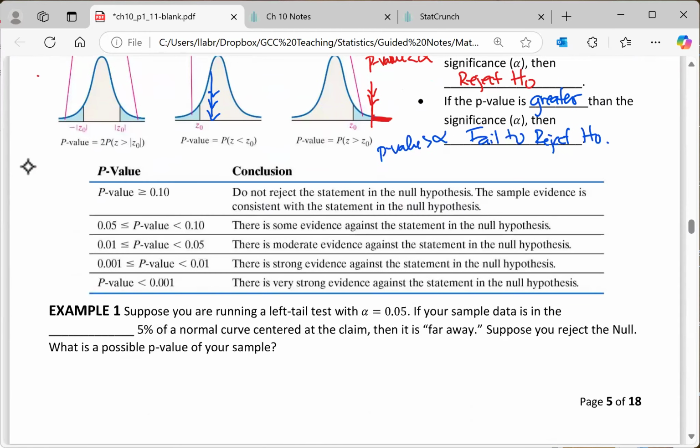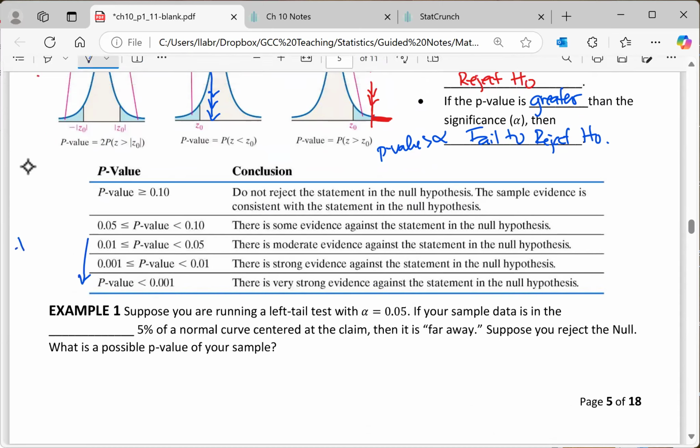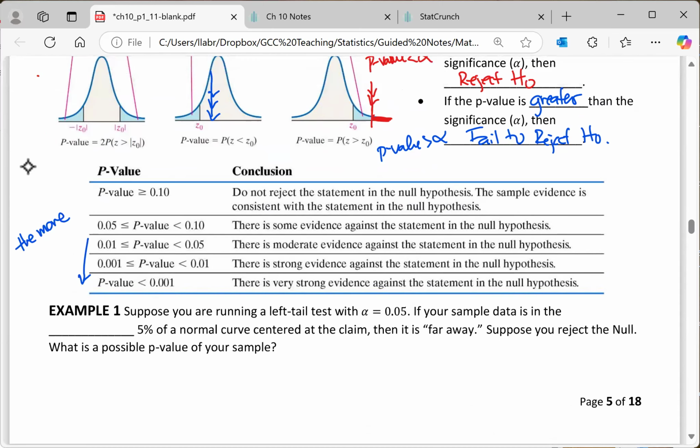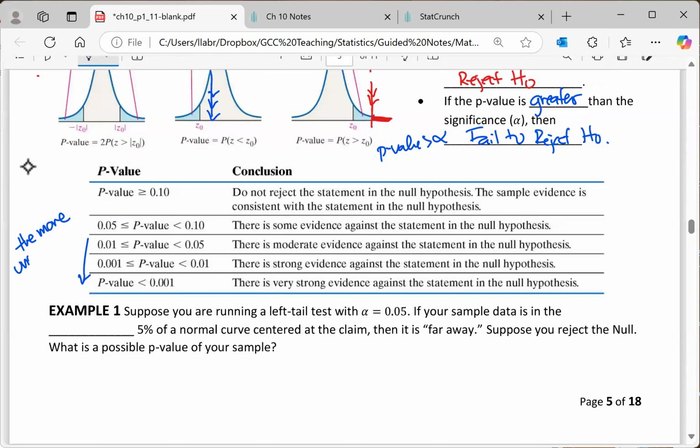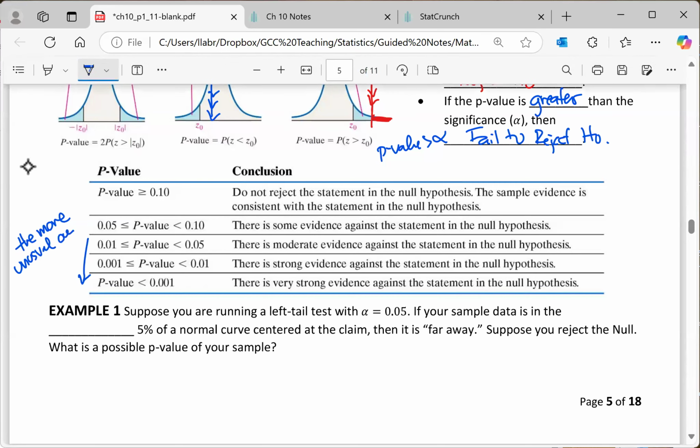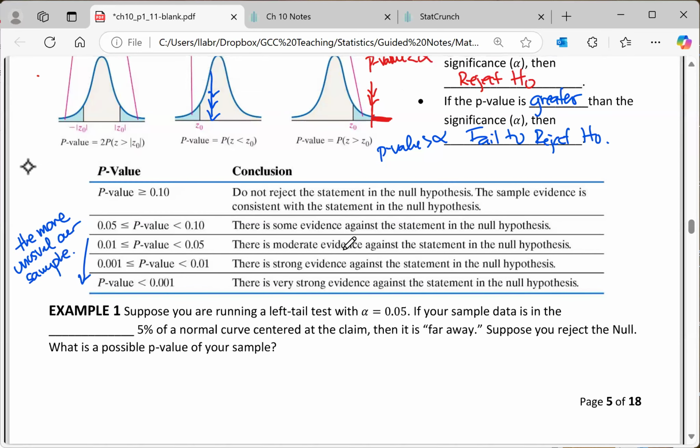All right, so the p-value is actually what is in fashion now, because we have technology and it's very easy to find the probability of getting a sample at least as extreme as what we observed. So the smaller the p-value, the stronger the evidence is, right? The more unusual our sample is. And if our sample is unusual according to the null hypothesis, then this is evidence against the null.